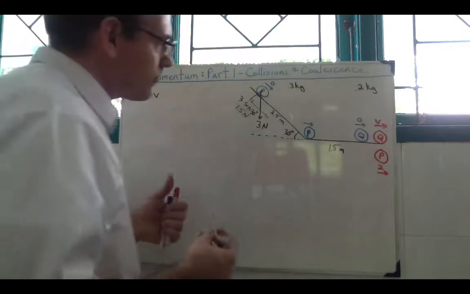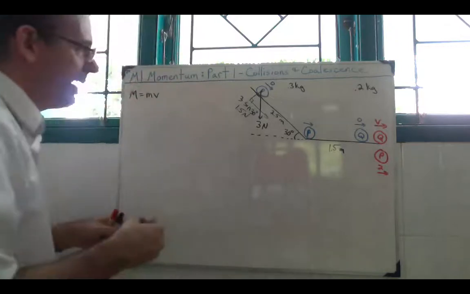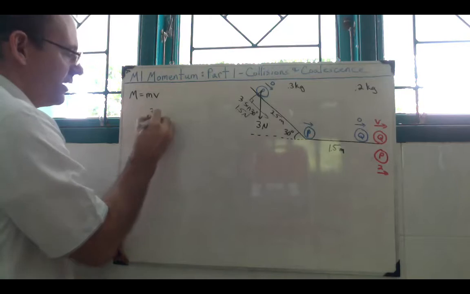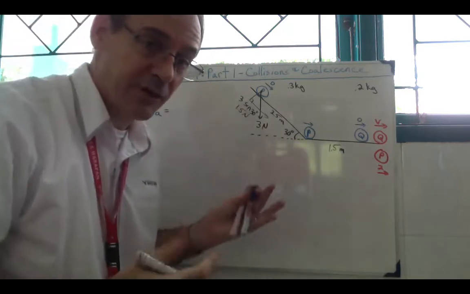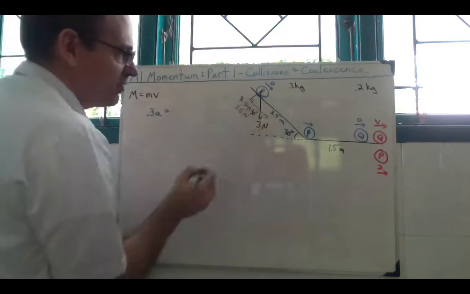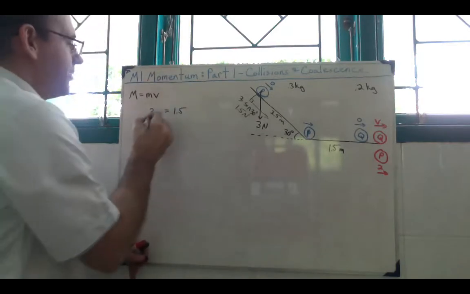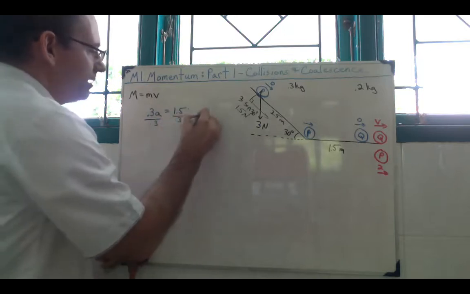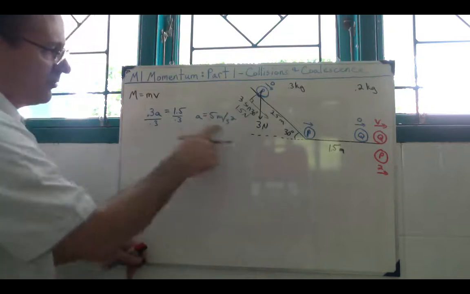So again, we use Newton's second law: mass times acceleration equals the resultant force. 0.3 times a equals 3 sine 30, which is 1.5. So divide both sides by 0.3, and our acceleration is 5 meters per second squared.